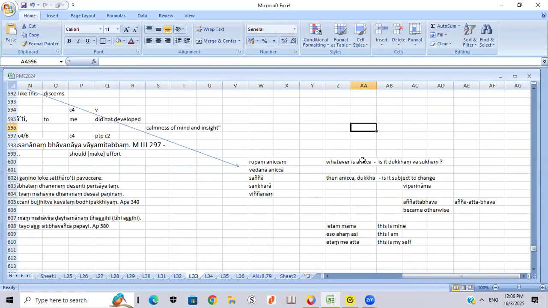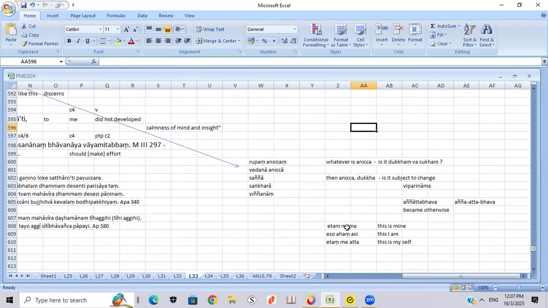Dukkha is divided into dukkha-dukkha, that means dukkha arising from dukkha, then viparinama dukkha, things that change are also dukkha. Change is dukkha. Then the other one is sankhara dukkha. We are the ones who suffer due to sankhara dukkha.